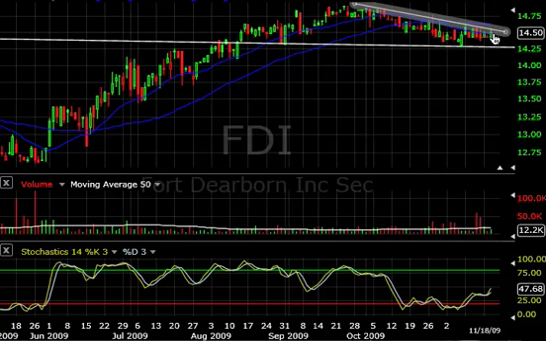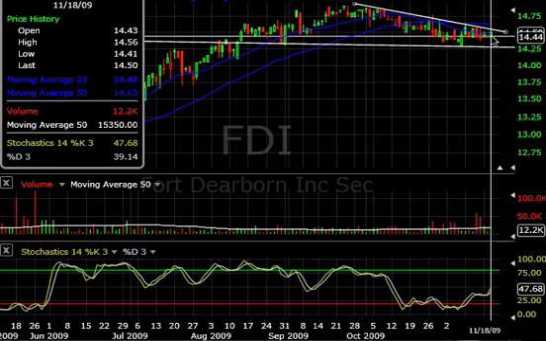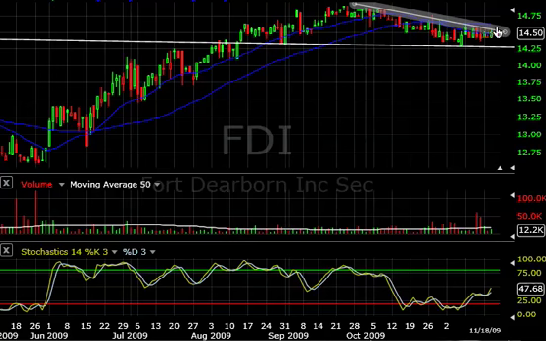Otherwise, on a longer term trade, a trigger for me would be a break of today's high of 14.56 to trigger me to go long, break this downtrend line, and look for that move to 14.92.